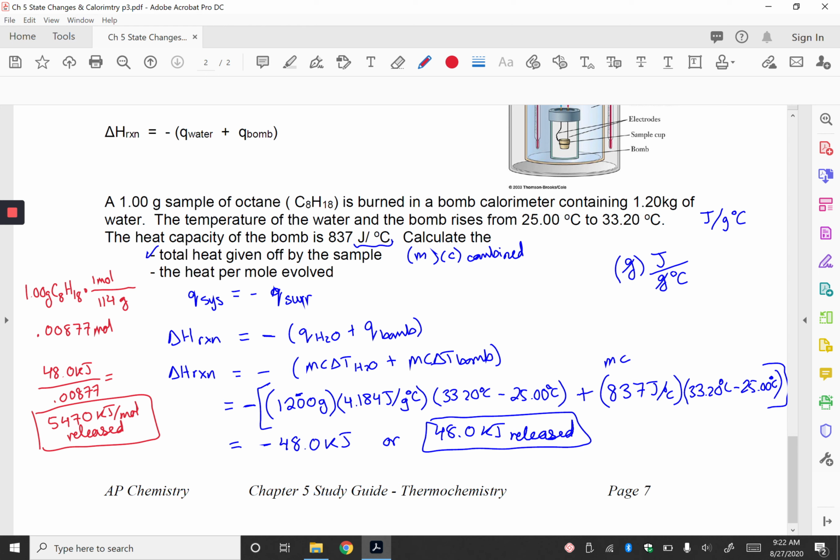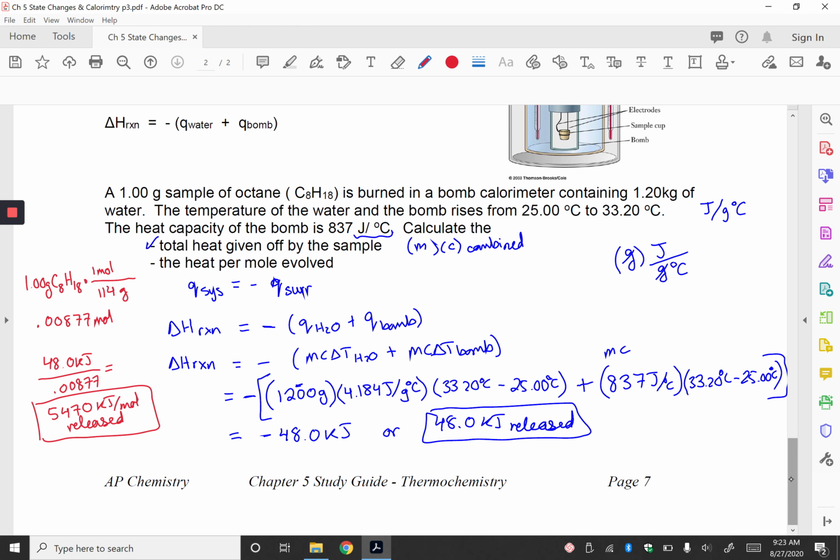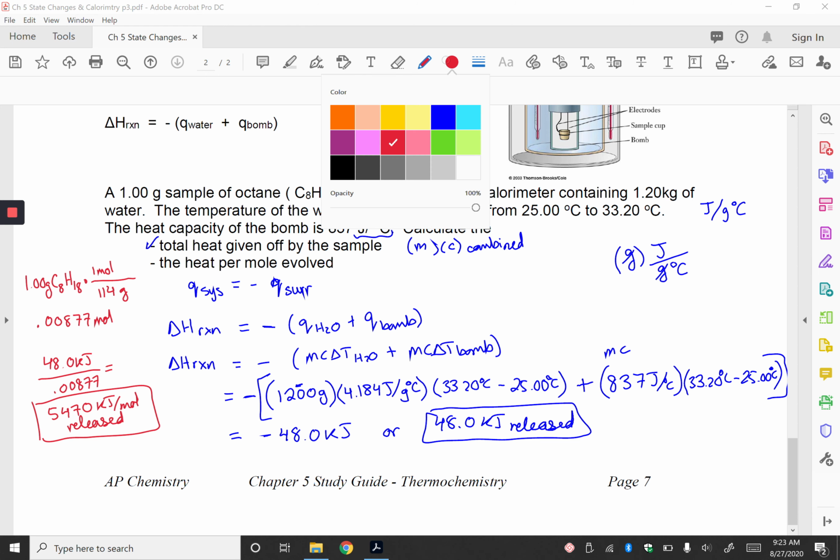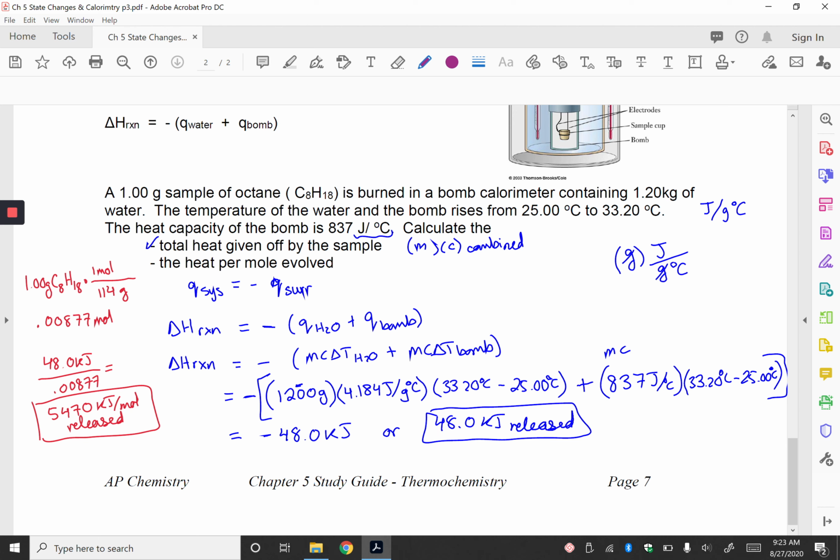There's another way to do it using your units. So I'll show you the other way. Kind of running out of room. I'm going to do it up here. So I got 48.0 kilojoules, and this is for 1.00 grams. So right now it is kilojoules per gram.